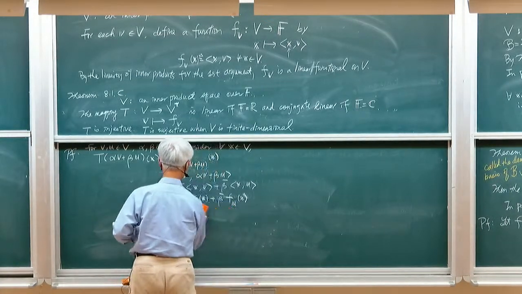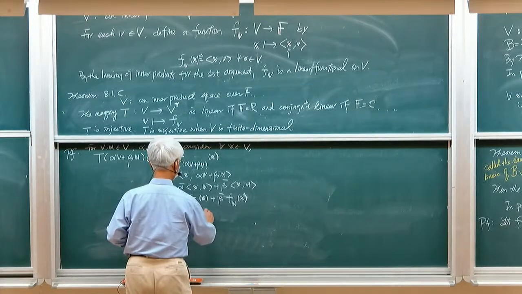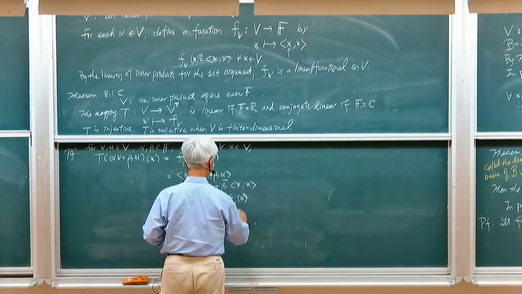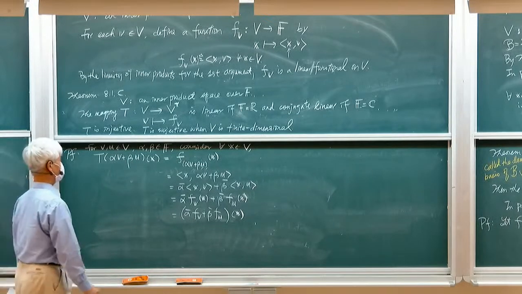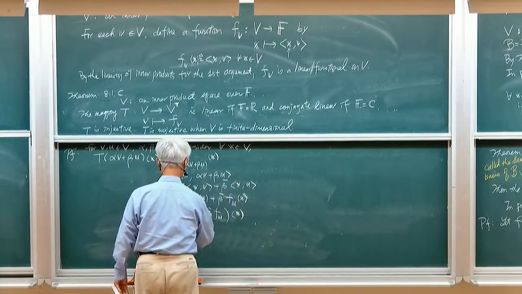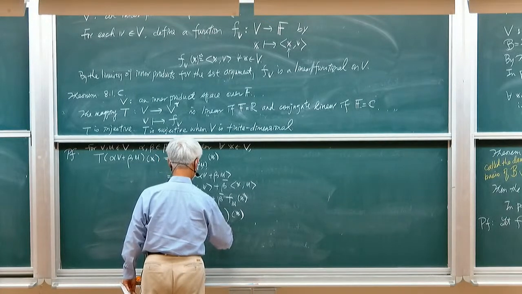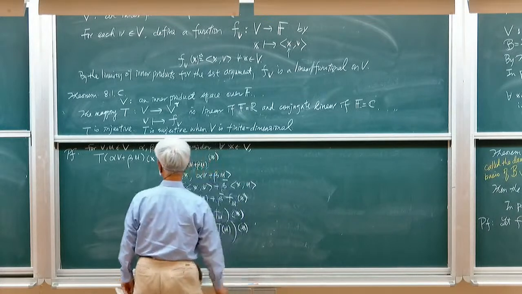And this is alpha bar f_v plus beta bar f_u at x. So now this is alpha bar T(v) plus beta bar T(u). All right.